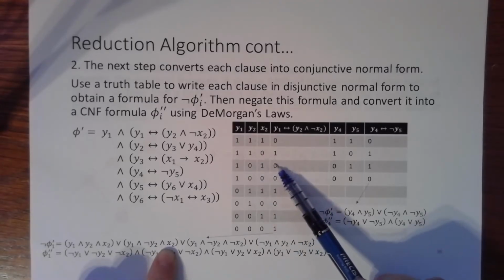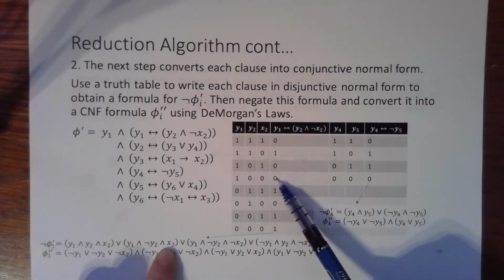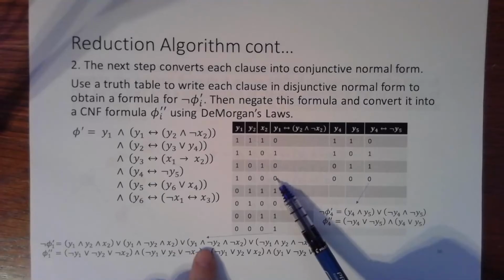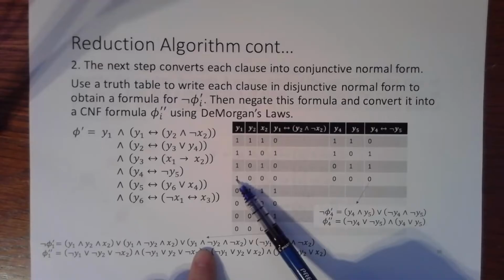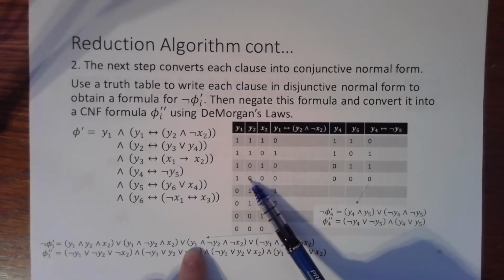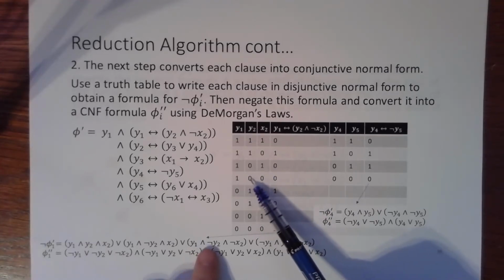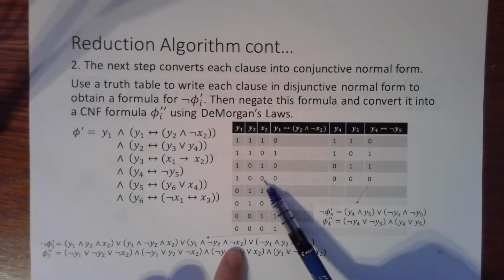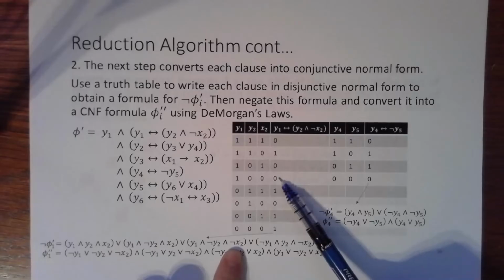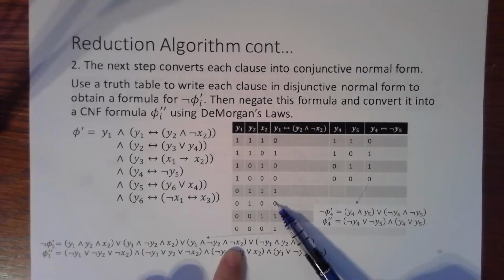Or another way is this 0. So I move over to here. That would be where y1 is true, and then y2 and x2 are both false. So we'd have y1 and not y2 and not x2. And then there's one more 0 to take care of down here.